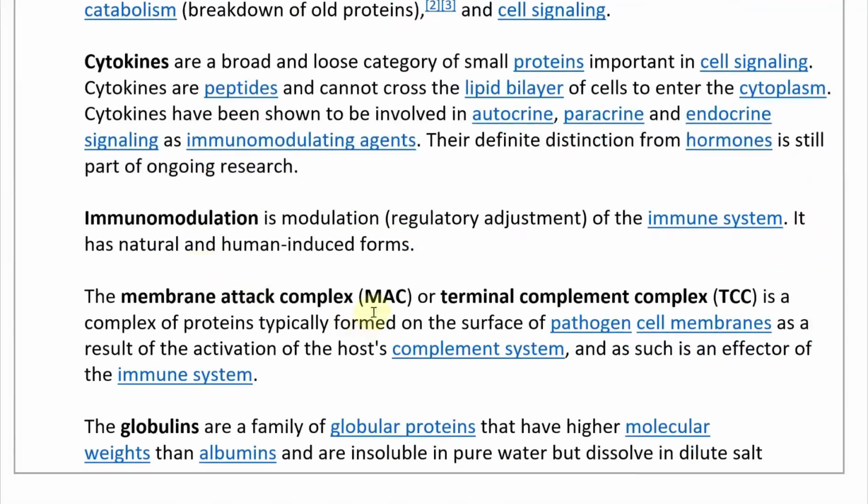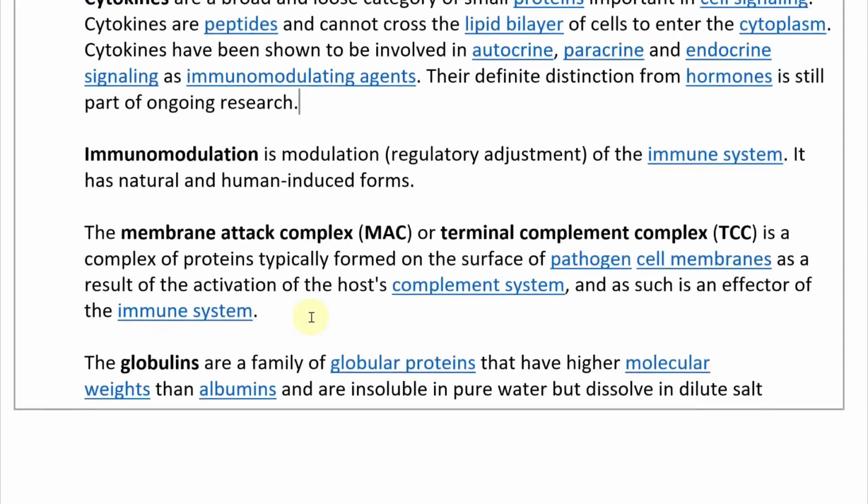So the membrane attack complex, MAC, or terminal complement complex, TCC, is a complex of proteins typically formed on the surface of pathogen cell membranes as a result of the activation of the host's complement system, and as such is an effector of the immune system.